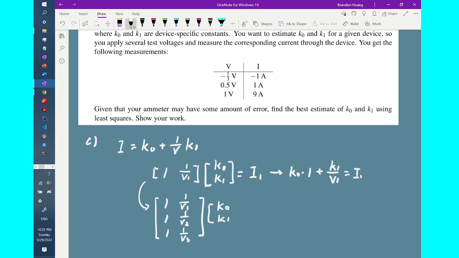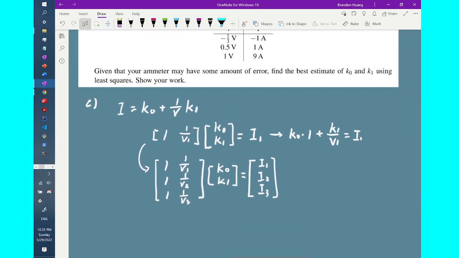And again, we have k0 and k1 being at the position of the parameters being estimated. And last but not least, we have the right vector to be I1, I2, and I3, so that the pair of measurements match.